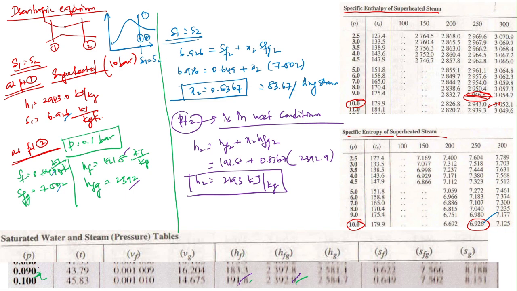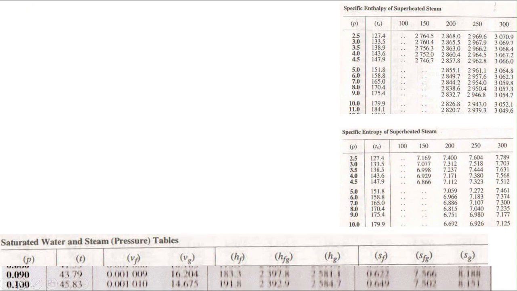So what is the necessity of finding H2? Here the necessity of finding H2 is to find the velocity at the exit of the nozzle. Now we go for the first law, the application of the first law in SFEE, the steady flow energy equation.